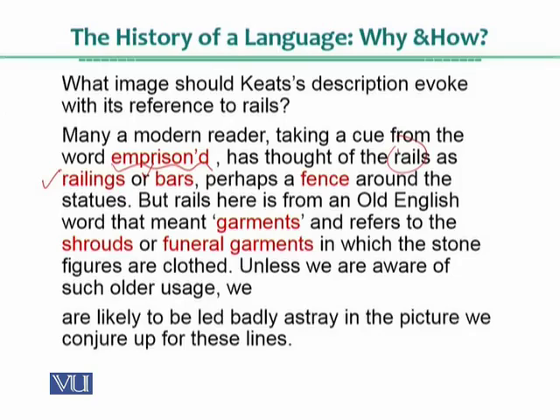But rails here is taken from Old English, where the word had a different meaning: garments. So it refers to the shrouds or funeral garments in which the stone figures were clothed. So how much misinterpretation of the meaning happens if the modern reader does not have knowledge of the history of the English language and of how these words were used.